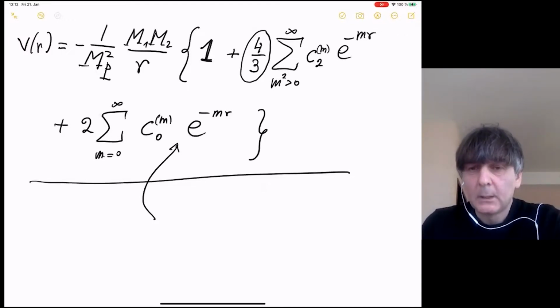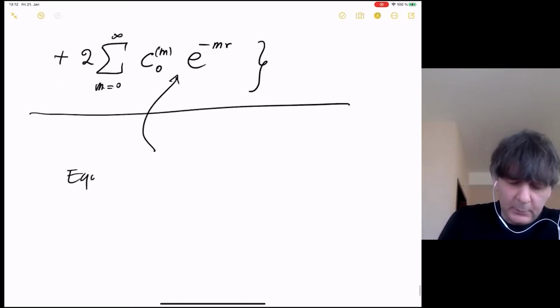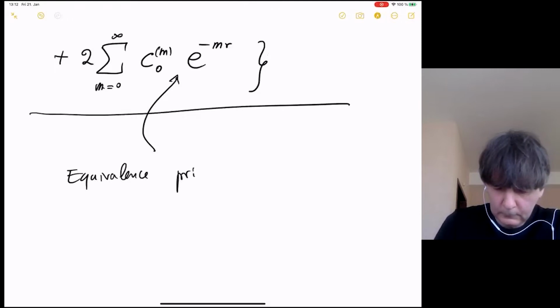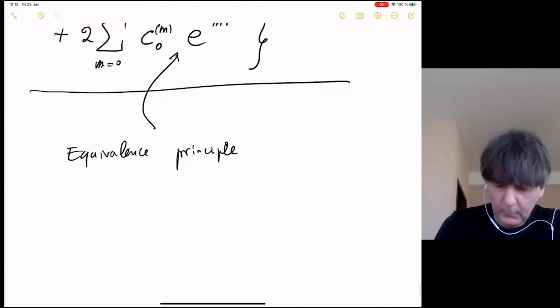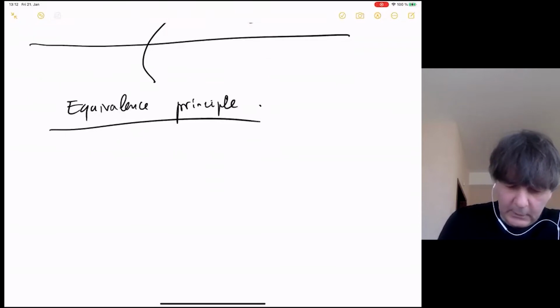Because gravity mediated by a Higgs boson, even if the Higgs boson were extremely light, would not preserve the equivalence principle. Let me comment on that: the equivalence principle in Higgs gravity.